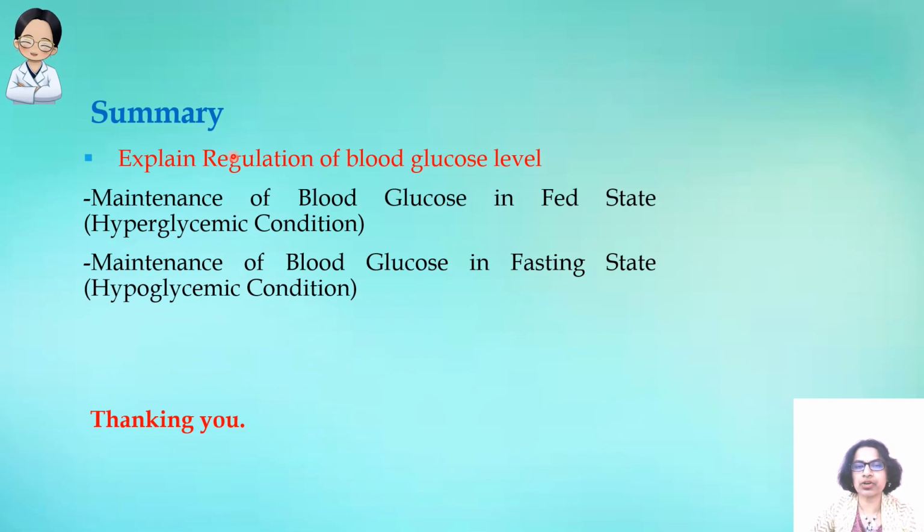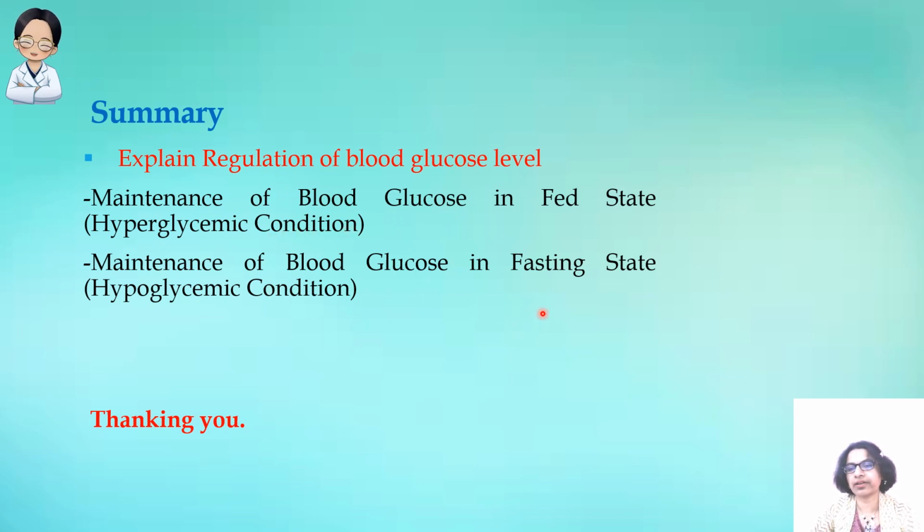So let us summarize our topic. So far we have discussed how our body regulates our blood glucose level. The normal blood glucose level is 70 to 100 milligram per deciliter. In some conditions the blood glucose level may increase, and in some conditions it may decrease. The two major hormones are insulin and glucagon.